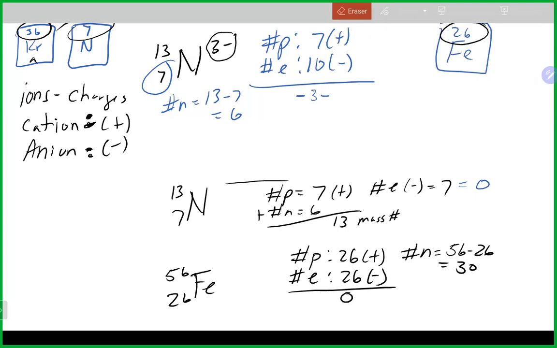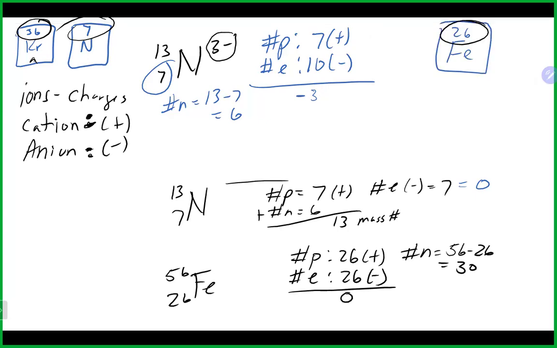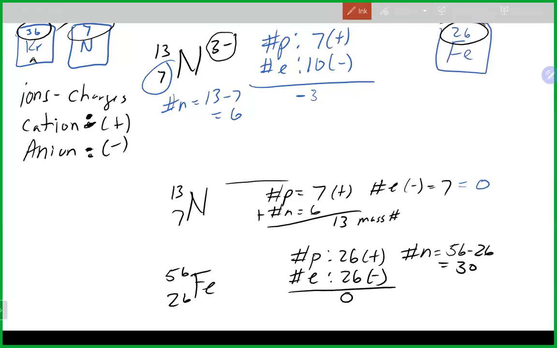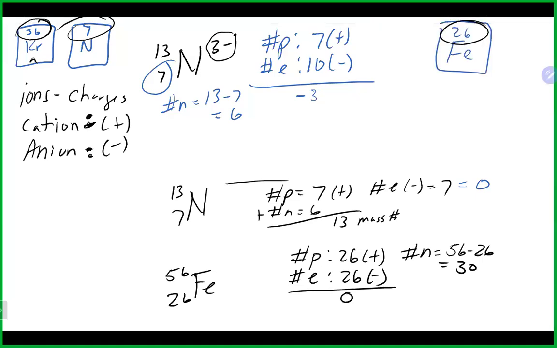You end up with a -3 for the overall charge because it now has more electrons than protons, and that is where the charge comes from. That is a negatively charged ion, which means it is an anion.